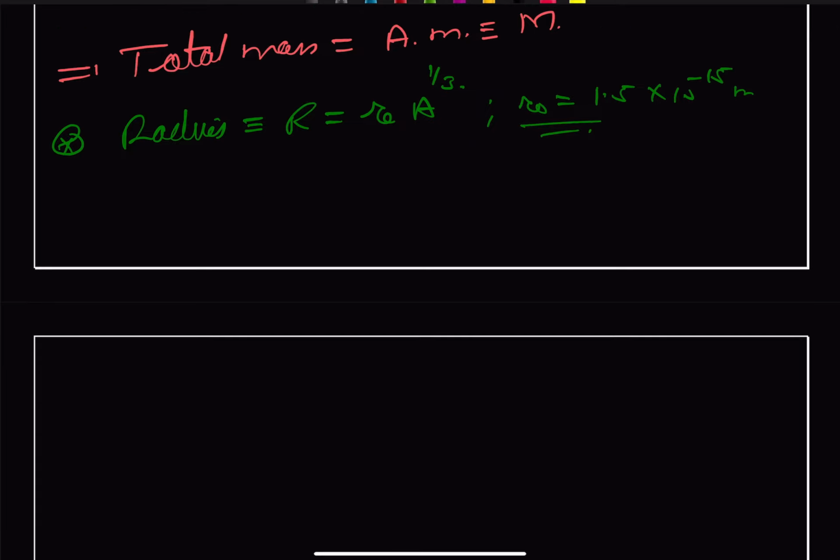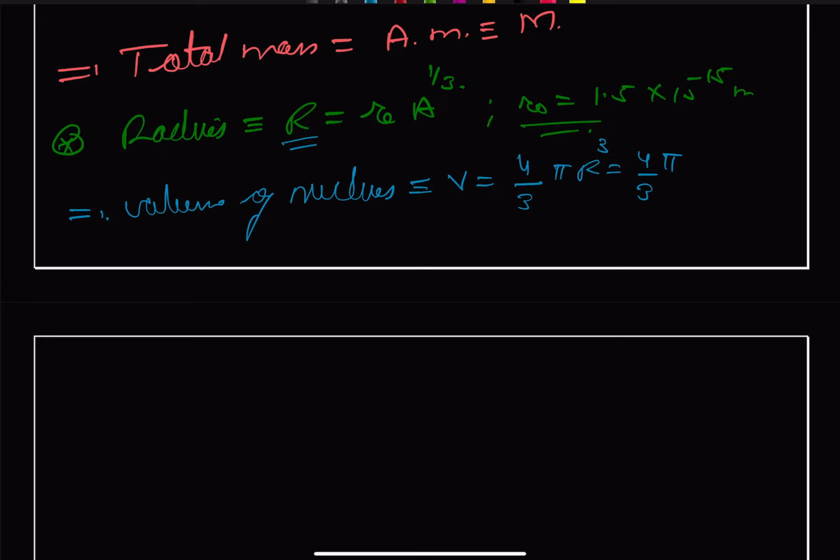Based on this radius R, we can easily write the formula for volume. Therefore, volume of nucleus V will be equal to 4 by 3 pi R cube, and substituting the radius, we get 4 by 3 pi R naught cube multiplied by A.